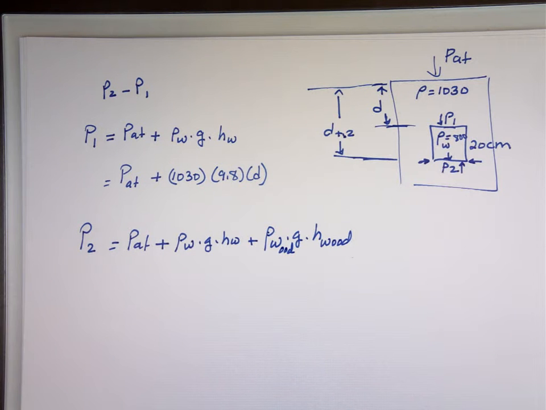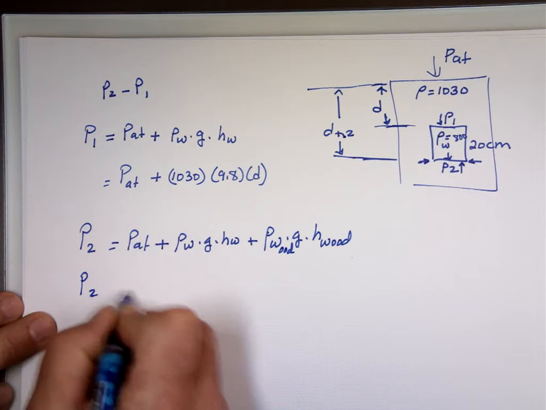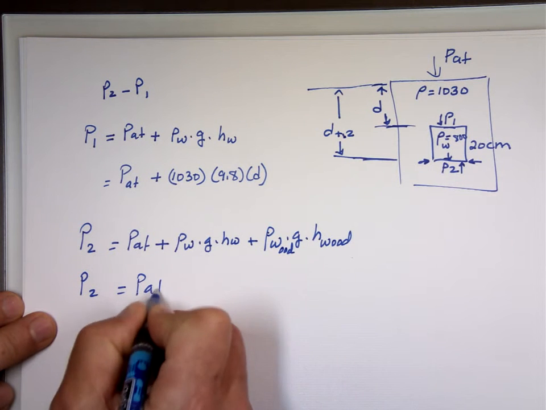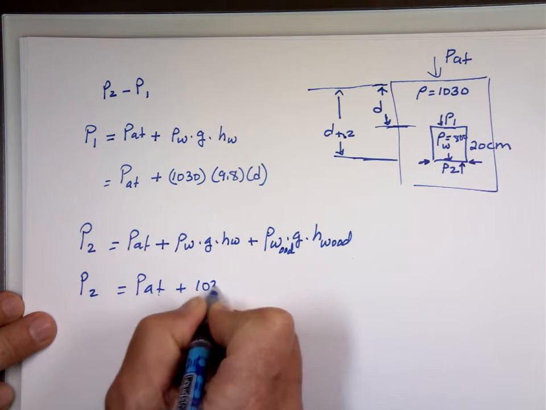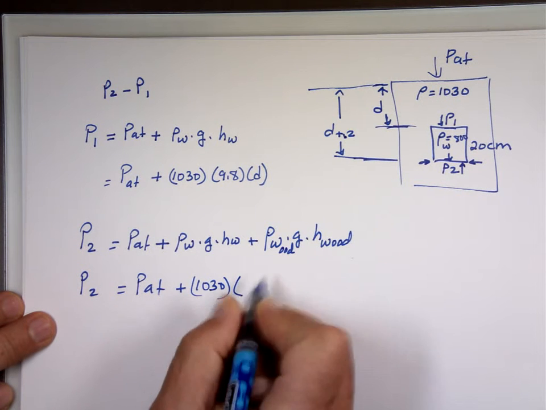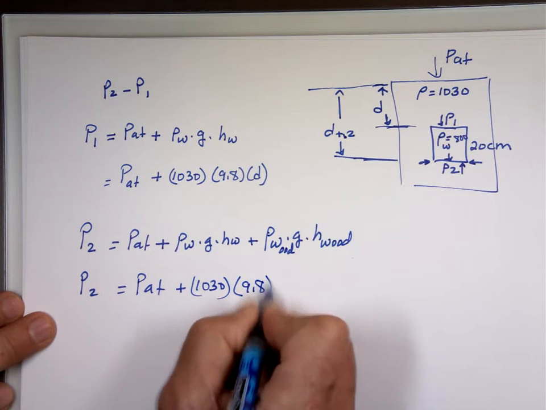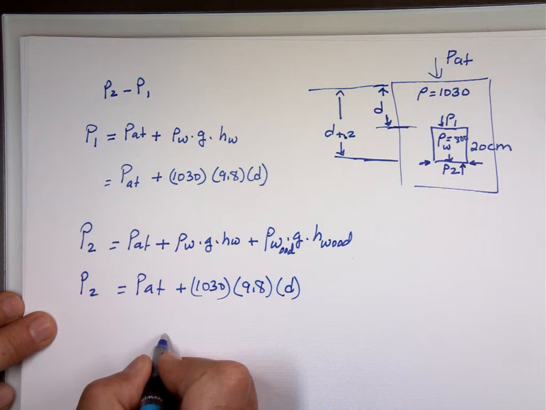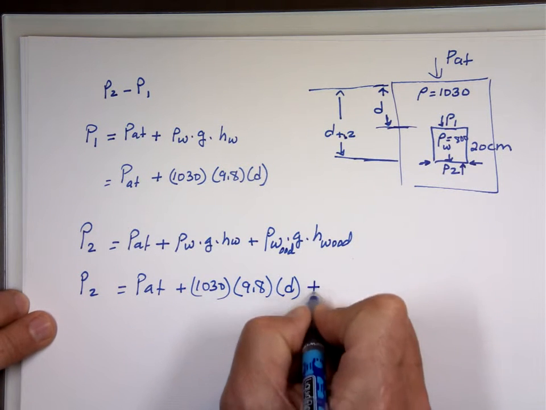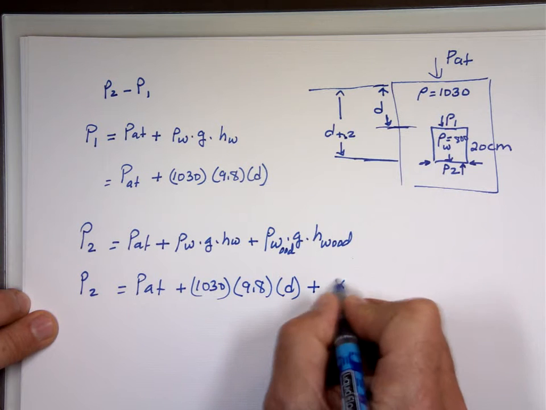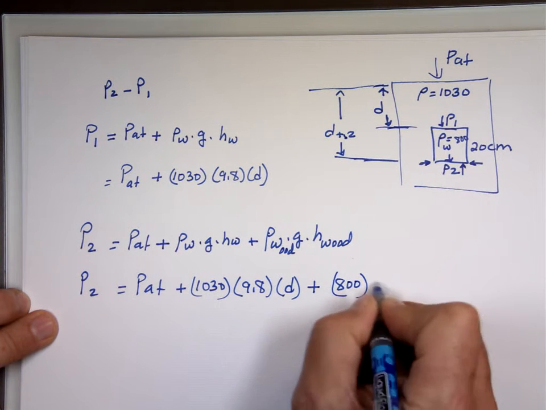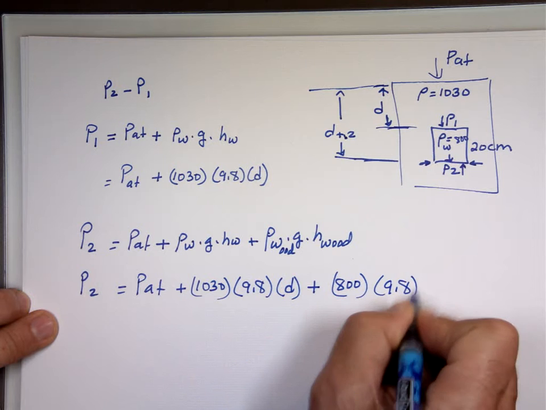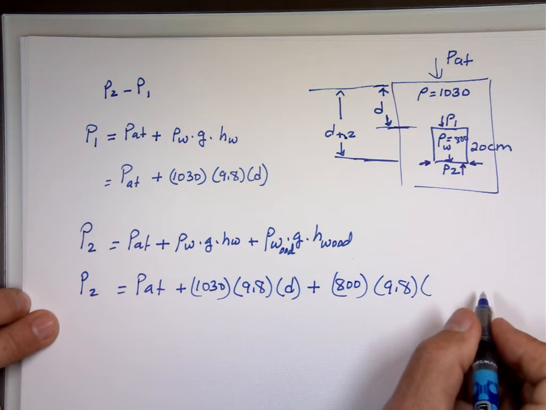So the bottom pressure is going to be P atmosphere plus 1030 times gravity, 9.8, times the height, which is D, plus the pressure from the wood: rho for wood, which is 800, times gravity, 9.8, times the height of the wood, which is 0.2.